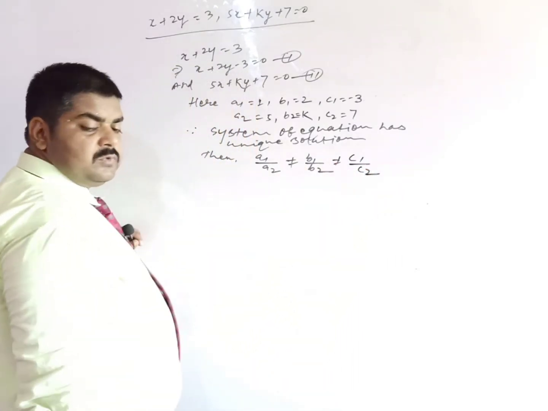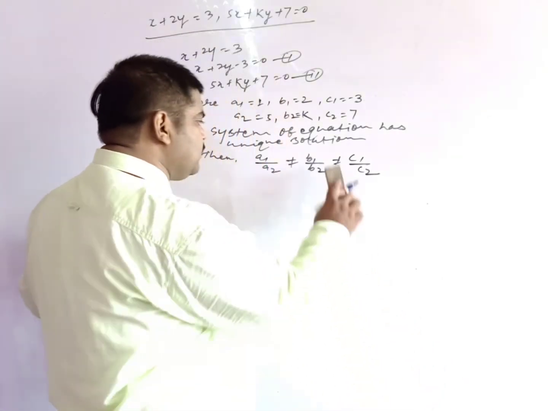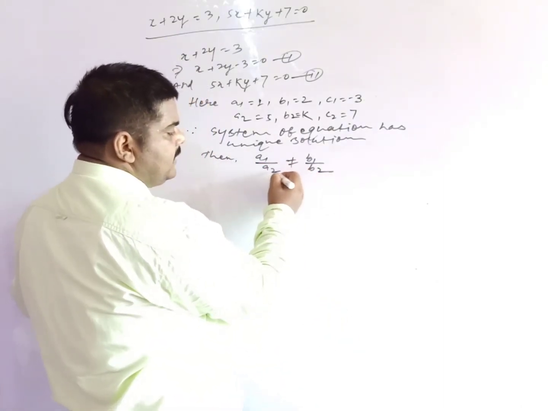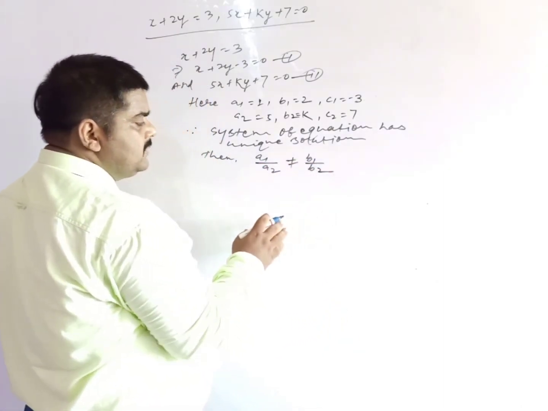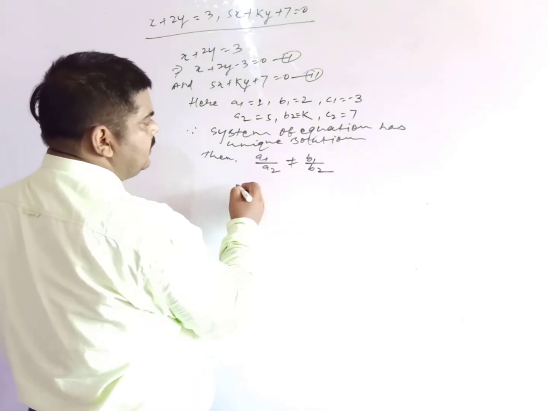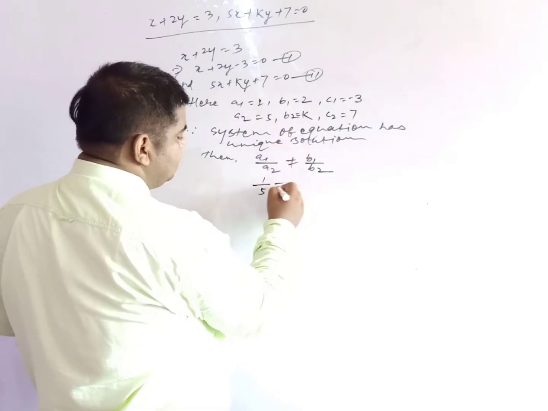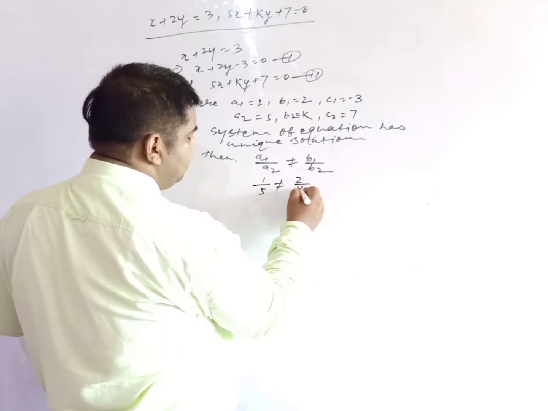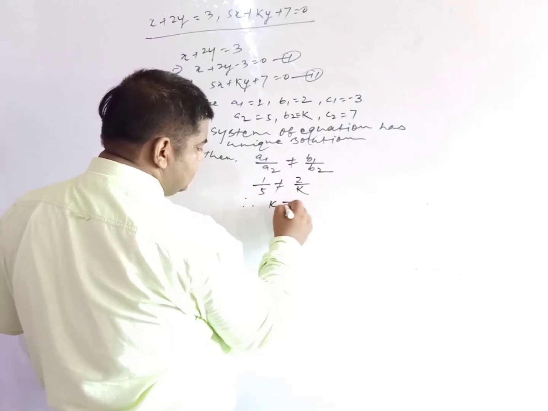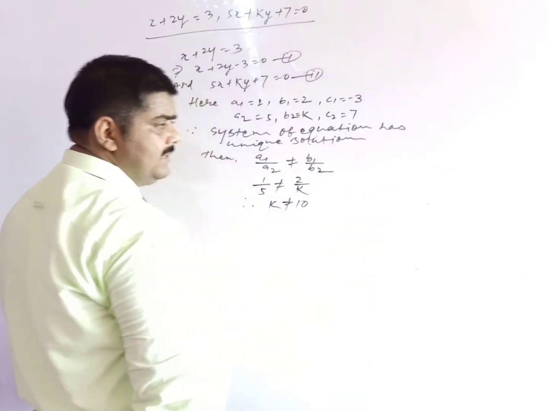Either you write up to c1 upon c2, or in some books it is up to here. At least you have to write down up to a1 upon a2 does not equal b1 upon b2. Simply you can write up to here, and you can solve for the value of k. So 1 upon 5 does not equal 2 upon k, and therefore k does not equal 10.